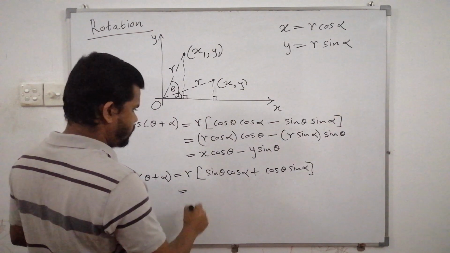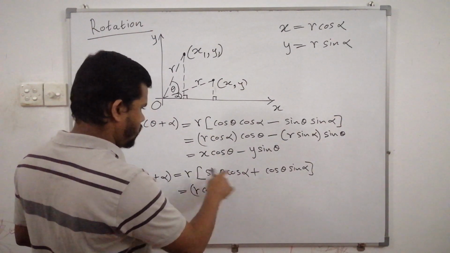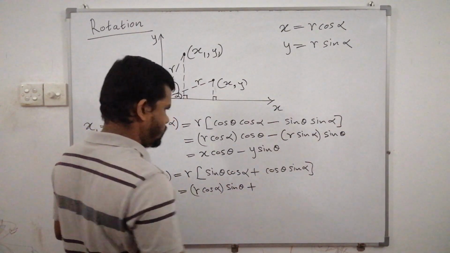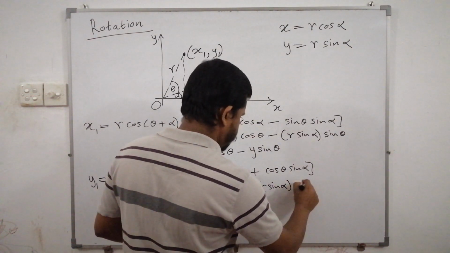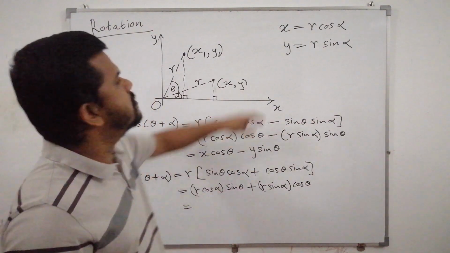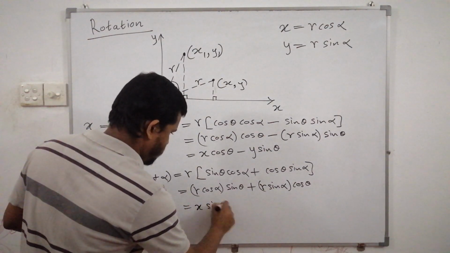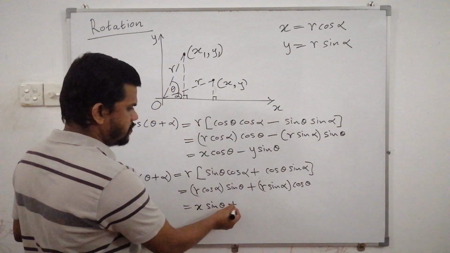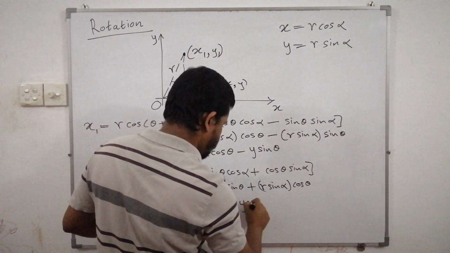Now here r cos alpha sin theta plus r sin alpha cos theta. r cos alpha means x, r sin alpha means y.